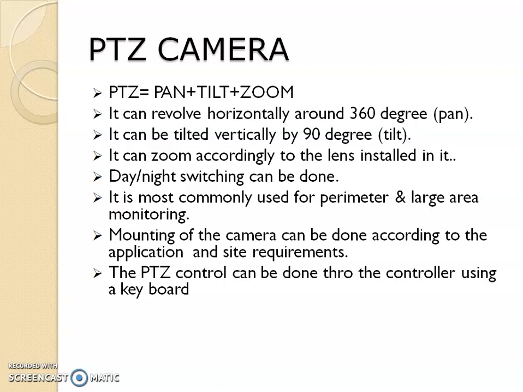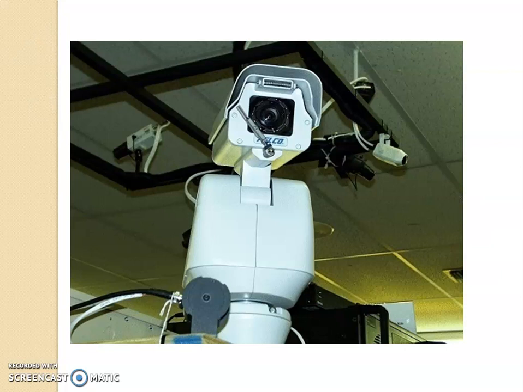Now, next is the PTZ camera, which is commonly called PTZ because it is pan, tilt and zoom. Before I go to PTZ, I'll show an image of PTZ. This is how a PTZ will look. As you can see here, this particular part of the camera will rotate 360 degrees. And in the top, you do see a connection which can rotate for 90 degrees.